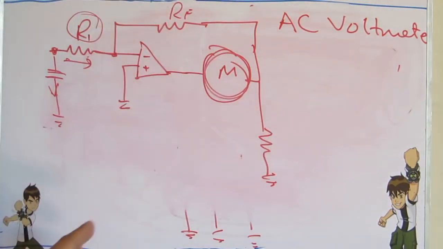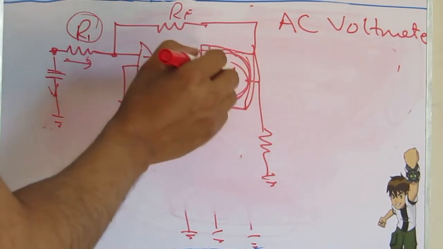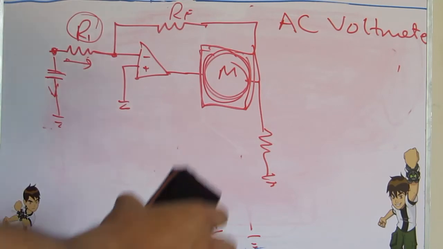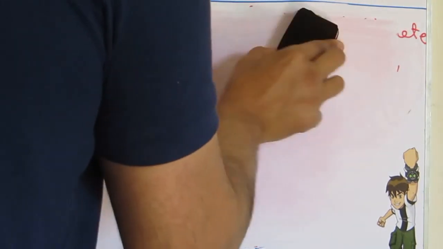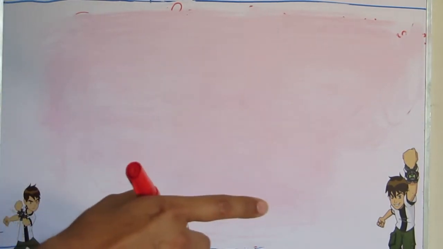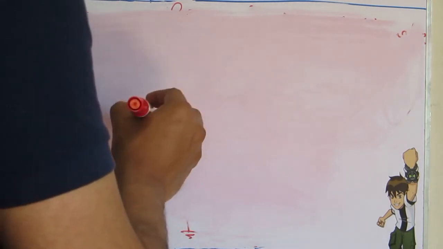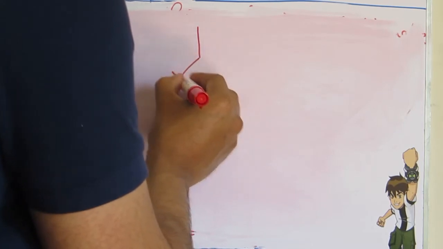I am going to erase the rest of the circuit, and now you will be focusing only on this thing, what's inside it. So the AC galvanometer, although it's not a proper word to use, there is no AC galvanometer. Anyway, the galvanometer that can be used to measure AC current is in fact what we got here. I got two diodes.